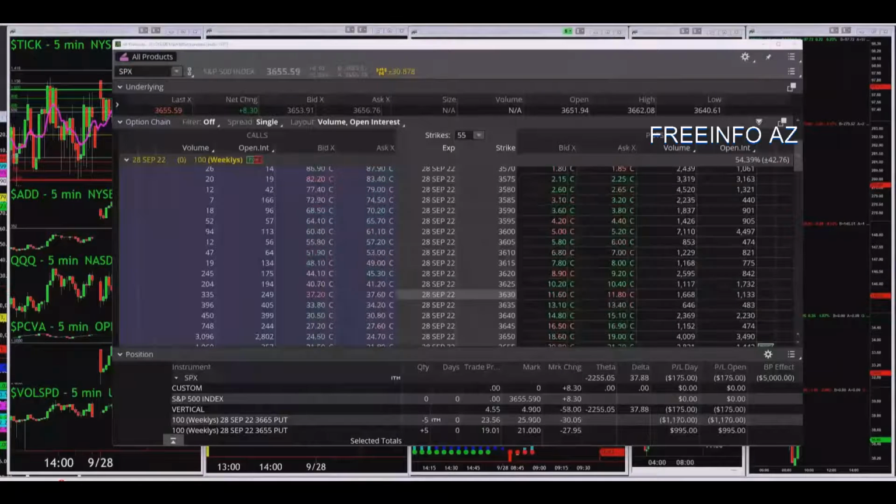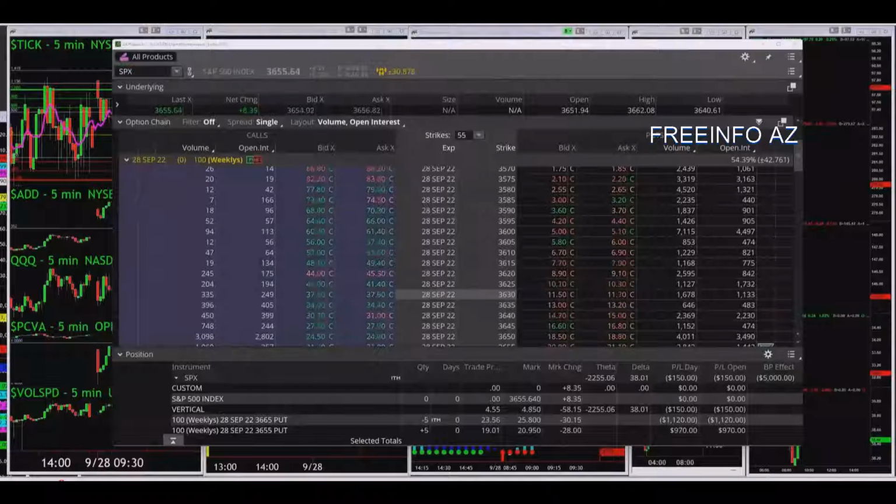All right, so our initial target on this is 40% of the credit received. So 4.55 times 0.6 equals 273.